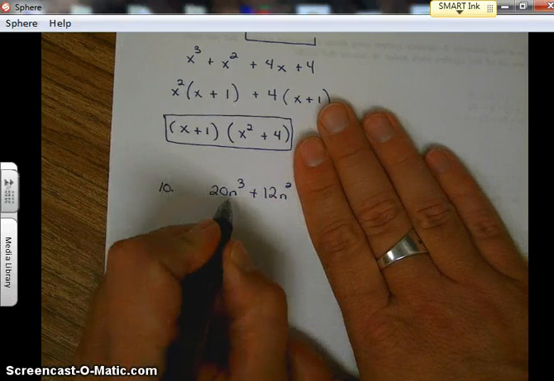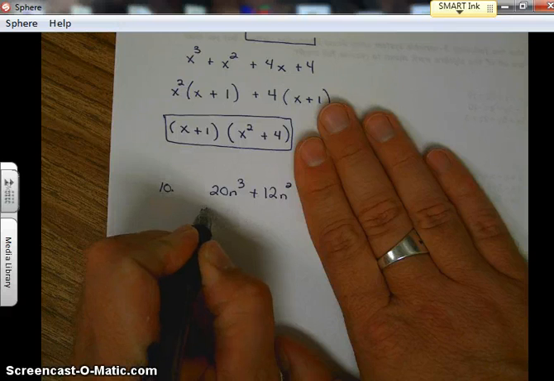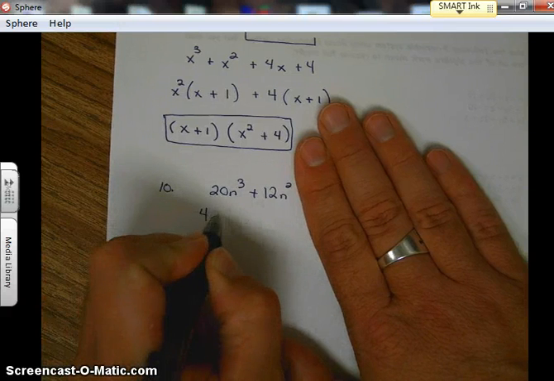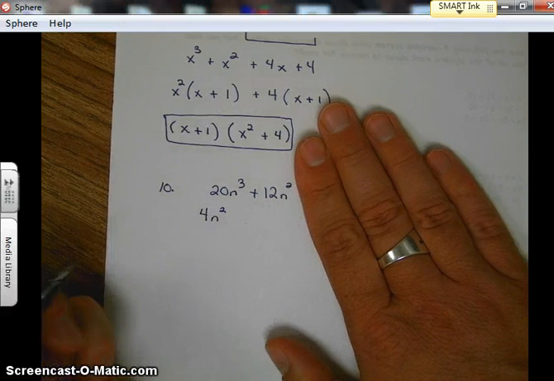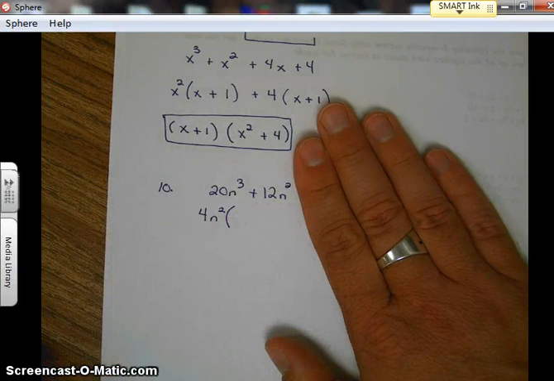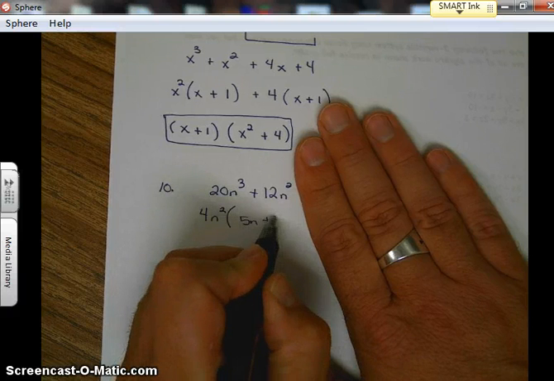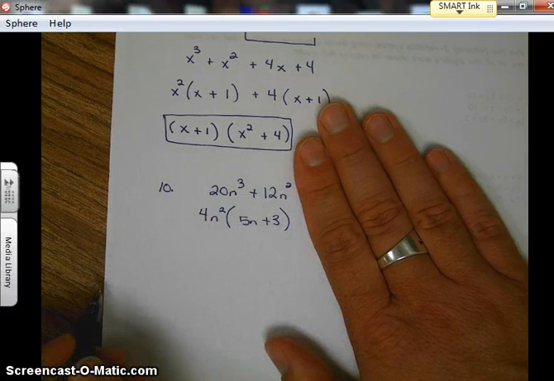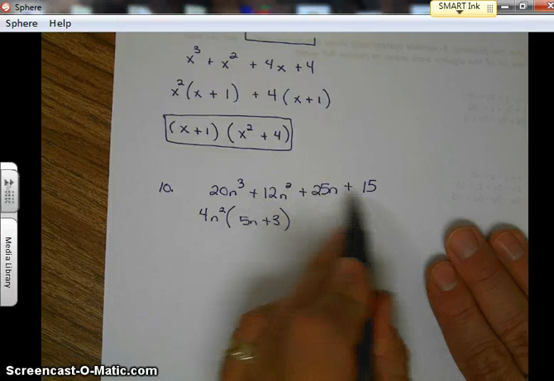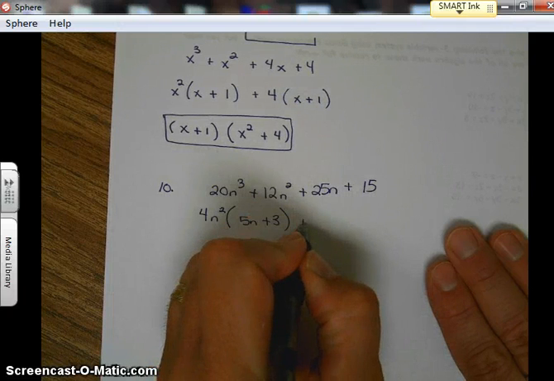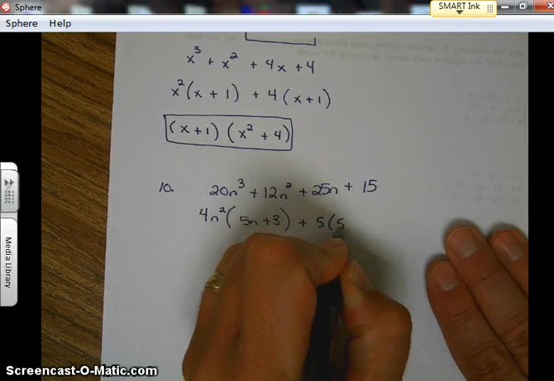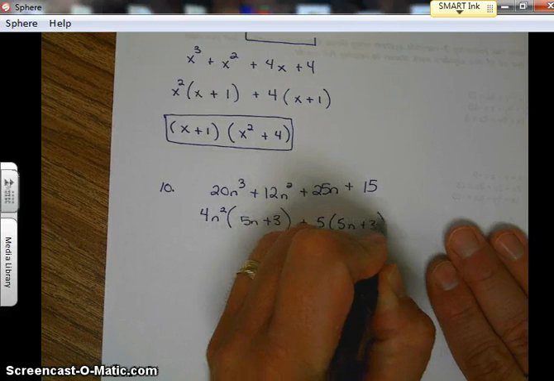I'm going to factor out, like I said, a greatest common factor of 4 and an n squared. Okay, so we get 5n plus 3. Factoring out a 5 out of both of those terms, we get 5n plus 3.